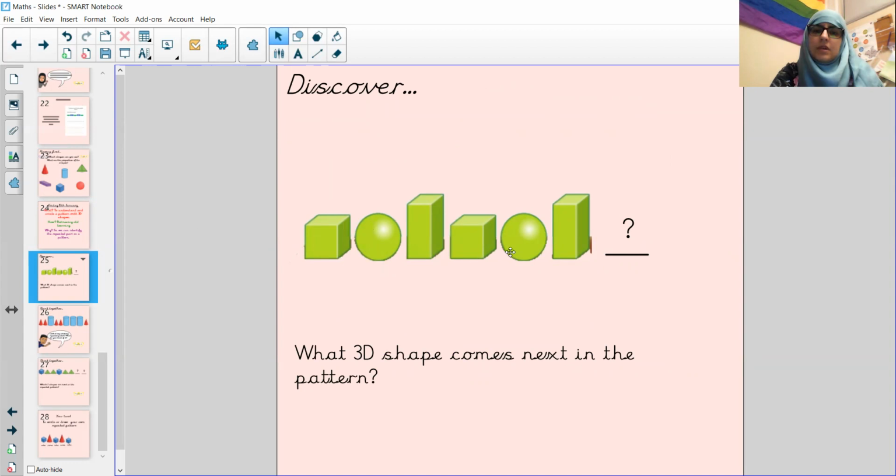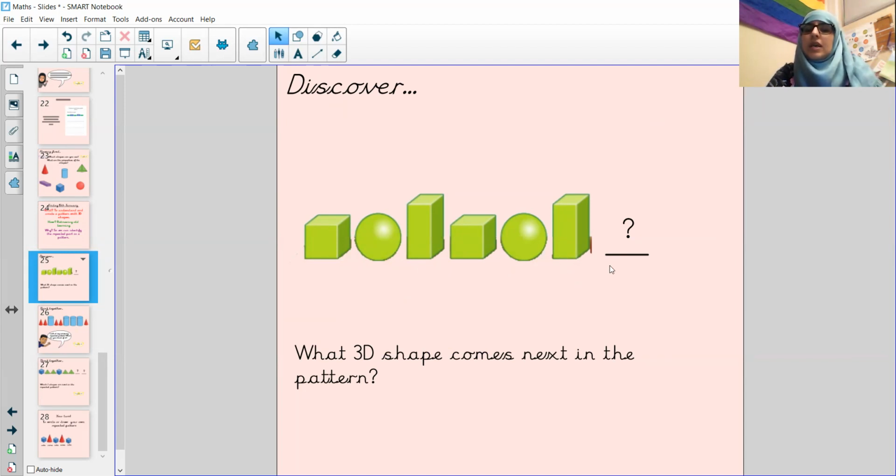Cube, sphere, cuboid. What comes next? When I want to know what comes next in a repeated pattern, I like to chant the pattern. So I'll go cube, sphere, cuboid.